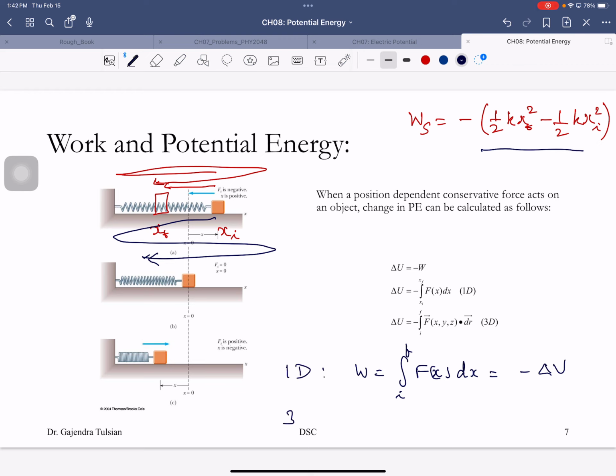And in 3D, this generalizes to a line integral. Okay? But now U is a three-dimensional function, okay? U is a function of x, y, and z.